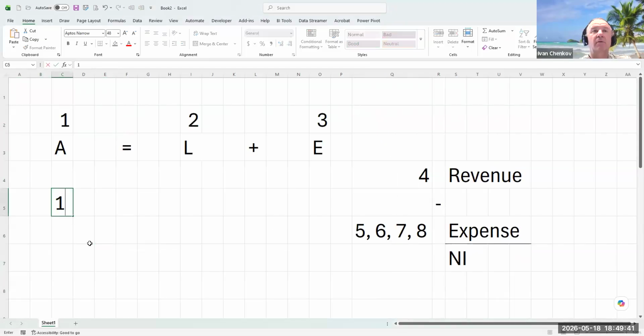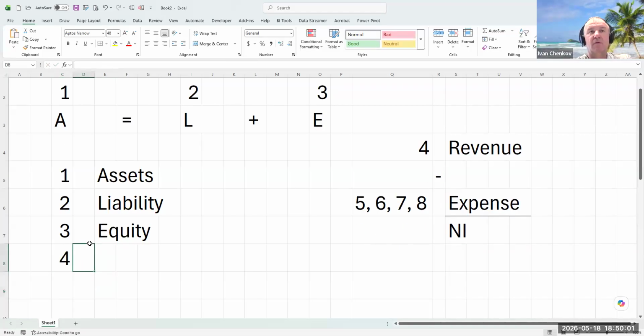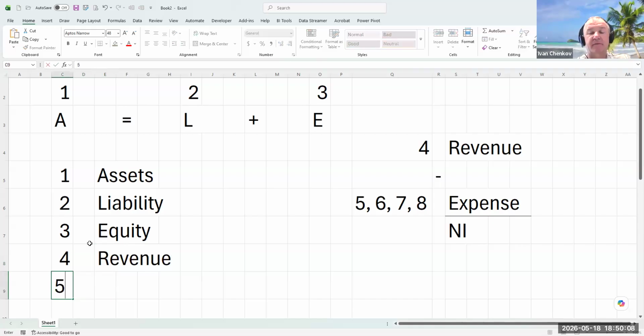So again, every account that starts with number one is reserved for assets. Number two is liability. Number three is equity. Number four will be revenue. And number five, number six, number seven, number eight are reserved for expenses.